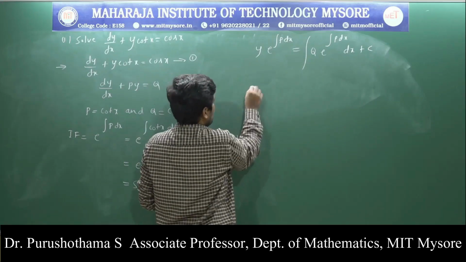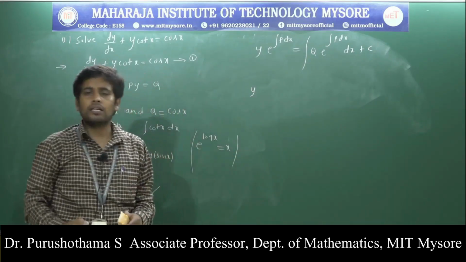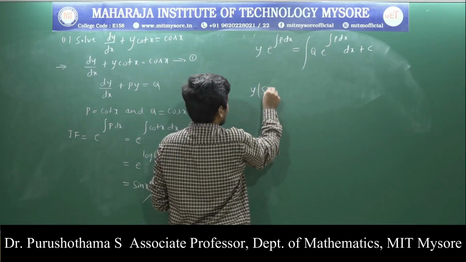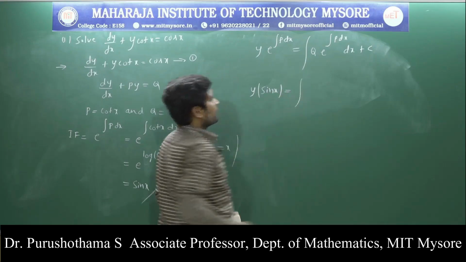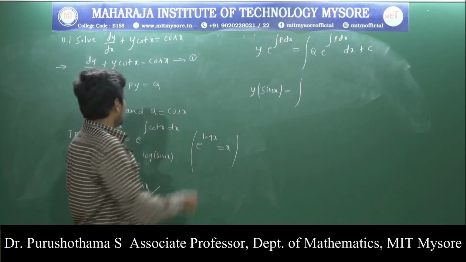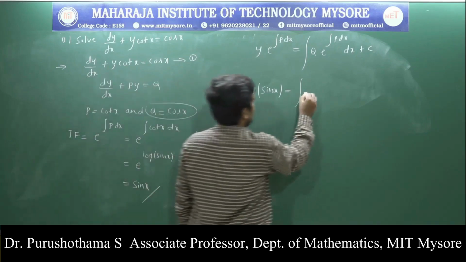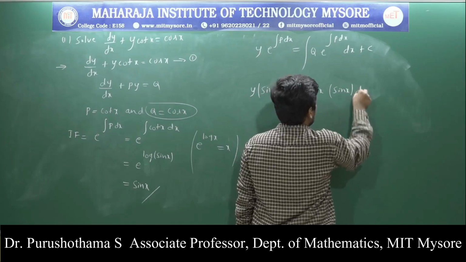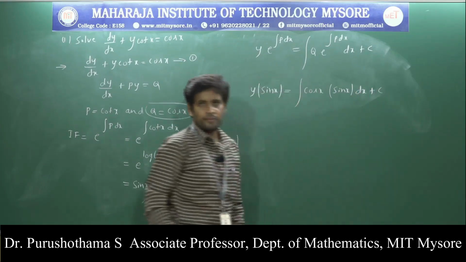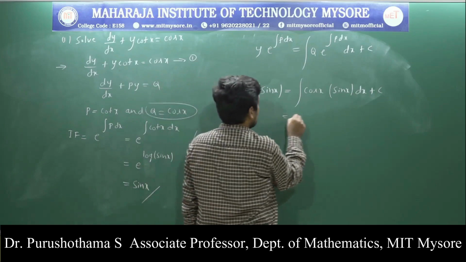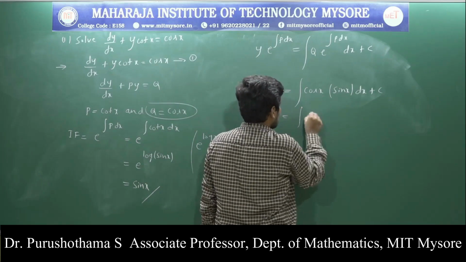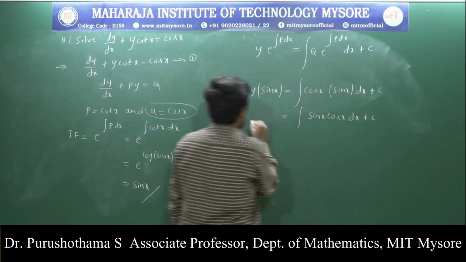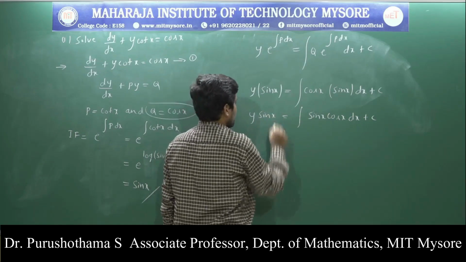For further continuation, we know that e power integral of p dx is equal to sin x. So y sin x is equal to integral of q, which is cos x, so q is equal to cos x, into sin x with respect to x plus c, or the same as integral of sin x into cos x with respect to x plus c is equal to y into sin x.